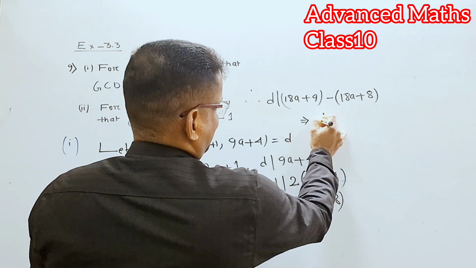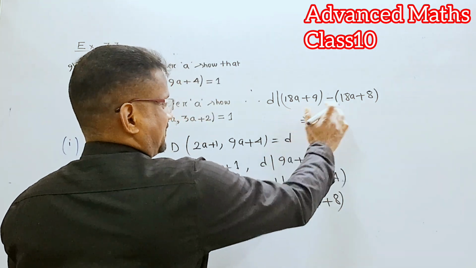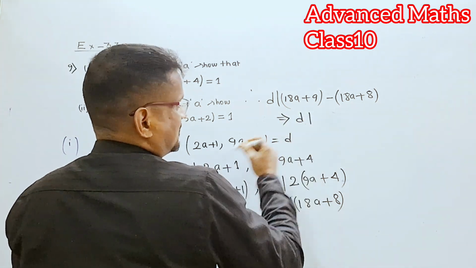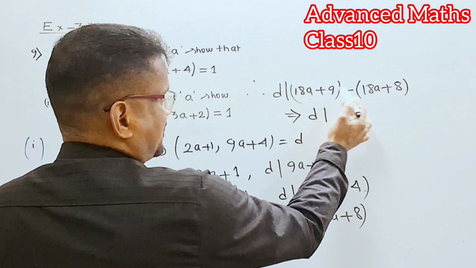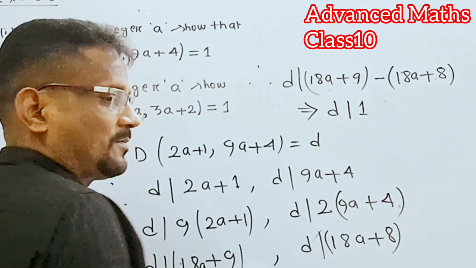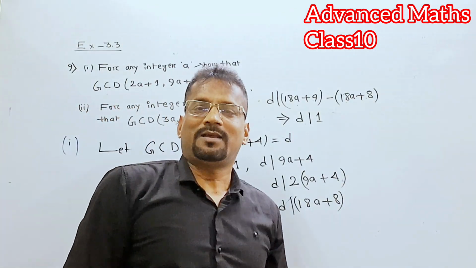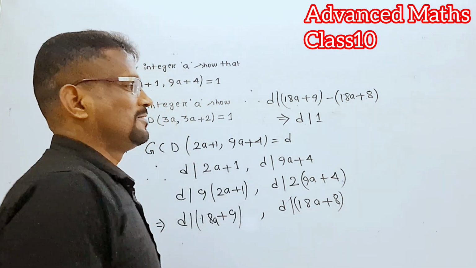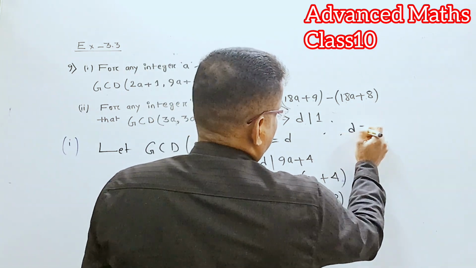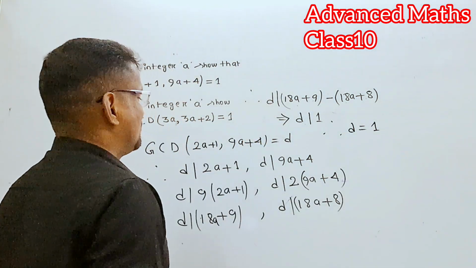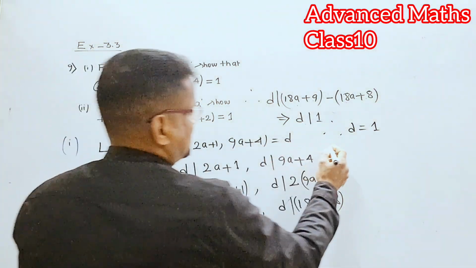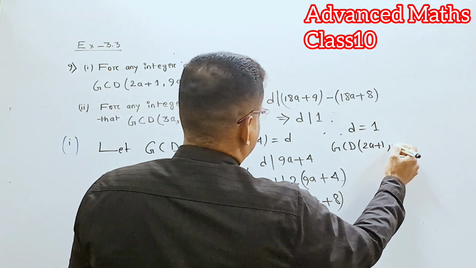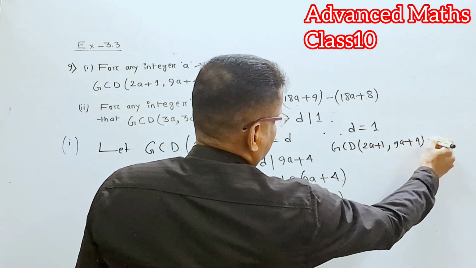If you take the difference, 18a minus 18a cancels out, and 9 minus 8 is 1. So D divides 1. As D divides 1, D must be 1. That means it is confirmed D equals 1. So it is proved that the GCD of 2a + 1 and 9a + 4 is 1.